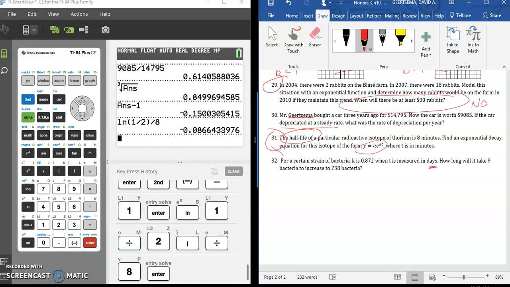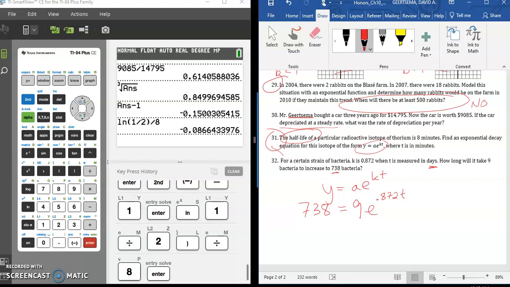How long will it take 9 bacteria to grow to 738? So again, we got the same formula here, y equals Ae to the kt. We're starting with 9, so that's the A, and it's increasing to 738, that's my Y, e to the 0.872t. Now we have to solve this for t.